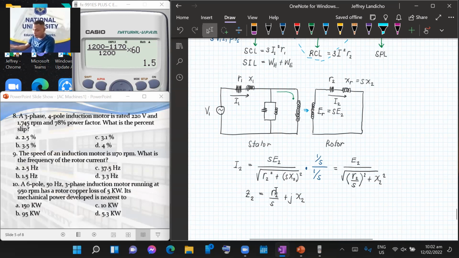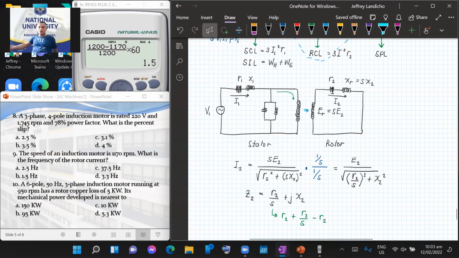So therefore, pwede natin laruin ngayon ito. Kailangan ma-separate ko na lang itong rotor resistance. So itong R2 over S, gamitan natin ng algebra, it should be equal kanino? R2, okay? Plus R2 over S minus R2.